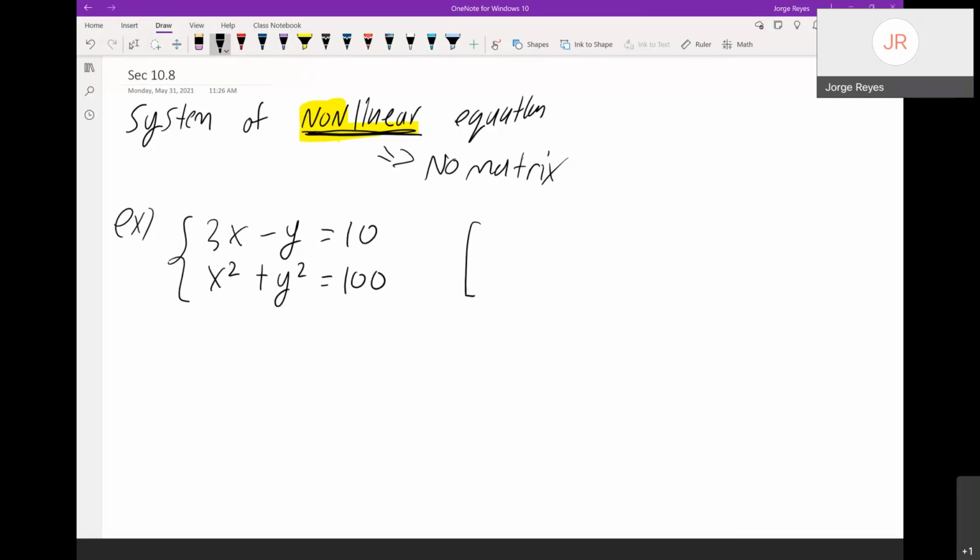All right, so here, if I look at this system, hopefully you guys can see that there is no way I can use elimination method. Like how can I eliminate when none of the variables talk to each other, right? So there's no way I can use elimination. So here I have to use substitution.